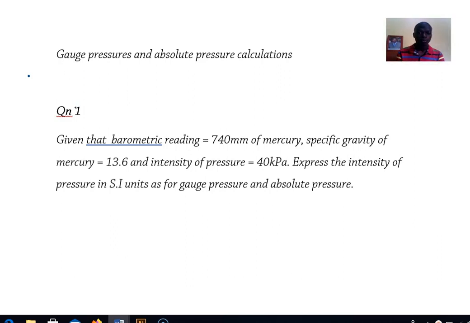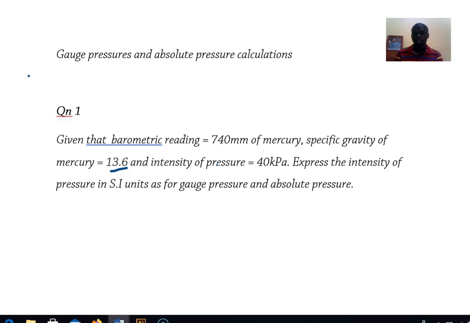Question one: given that barometric pressure reading is 740 millimeters of mercury, specific gravity of mercury is equal to 13.6, and the intensity of pressure that was measured as gauge pressure is 40 kilopascals.